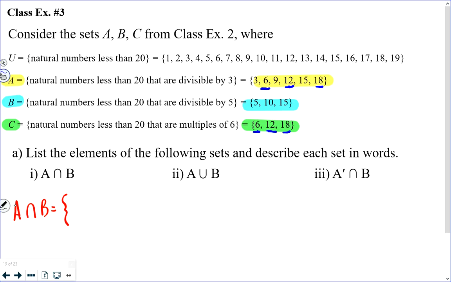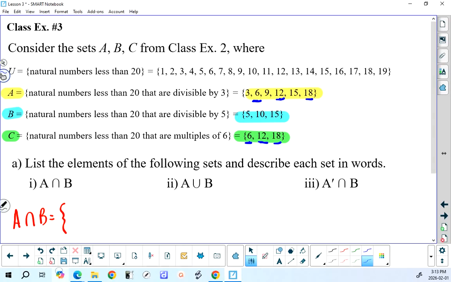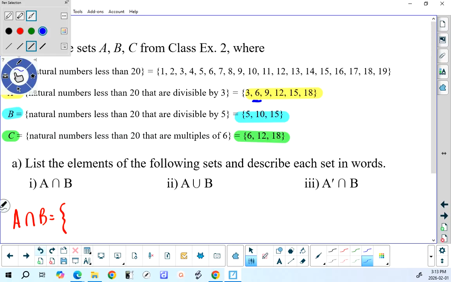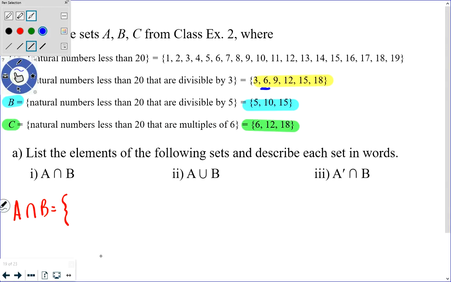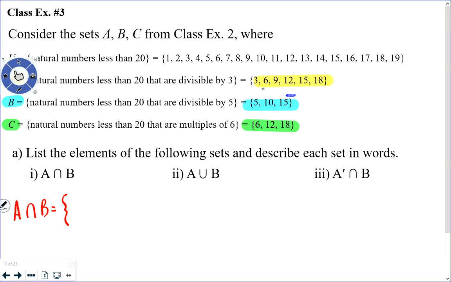Whoops, my mistake. Sorry about that. A and B, not A and C. 6 is not in both.